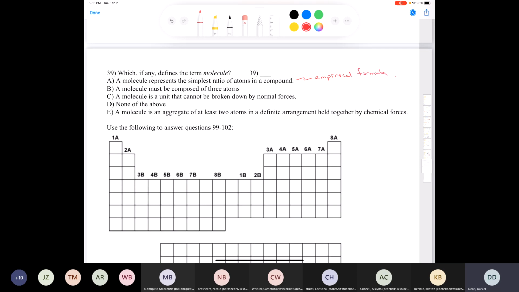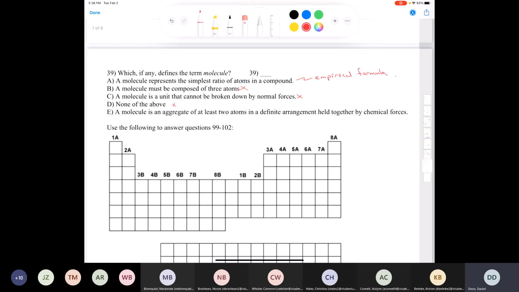Next one says a molecule must be comprised of 3 atoms. Well, that's not necessarily true. Okay, so that's not it. A molecule is a unit that cannot be broken down by normal forces. Well, that's not true either. We can break a molecule apart. For example, if we take water and we treat it with electricity, we can break it apart into hydrogen and oxygen through the process of electrolysis. And we went over that in chapter 1.